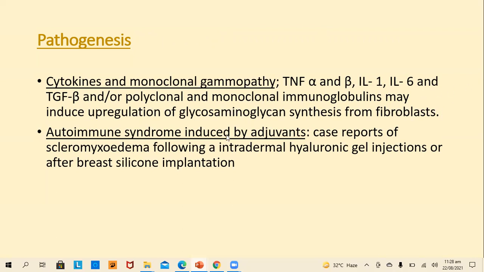So fibroblasts secrete increased amounts of glycosaminoglycans in response to various mitogens, which include these chemokines, cytokines, and polyclonal or monoclonal immunoglobulins.